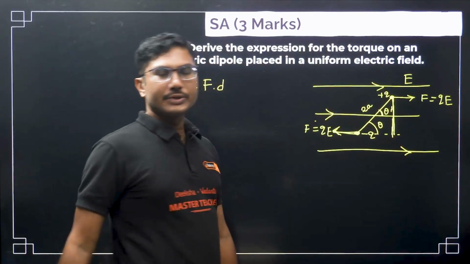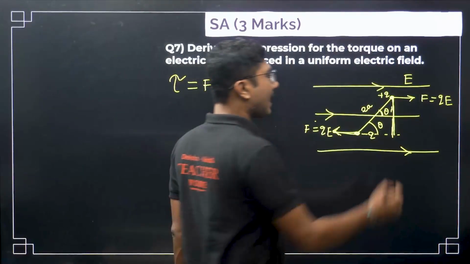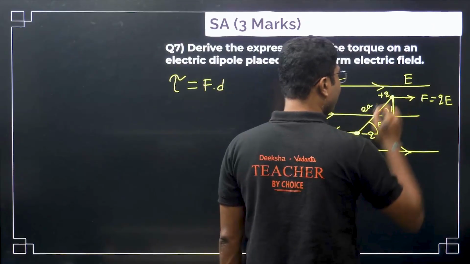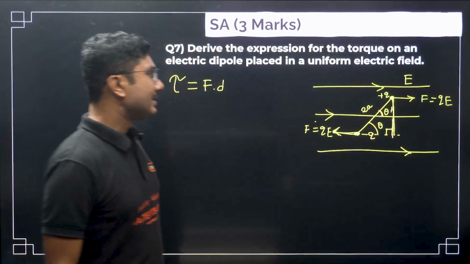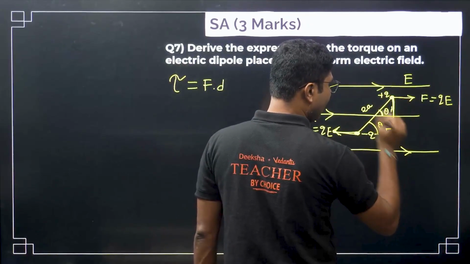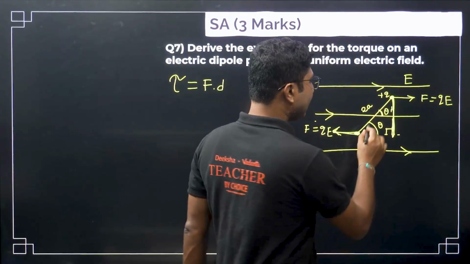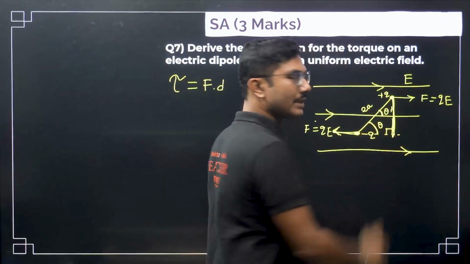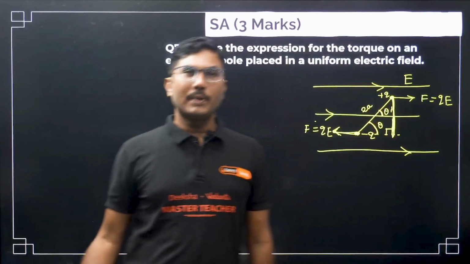Now you have to use the triangle. This is the right angle and this is the hypotenuse, 2a, and this will be the perpendicular. Why? This is the angle, and this side is not adjacent to this angle, so it will be the perpendicular.